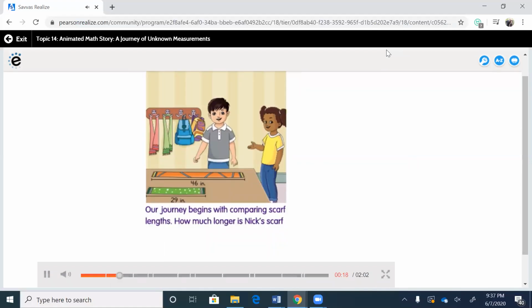How much longer is Nick's scarf than Kyra's scarf? 46 minus 29 equals 17. Nick's scarf is 17 inches longer.